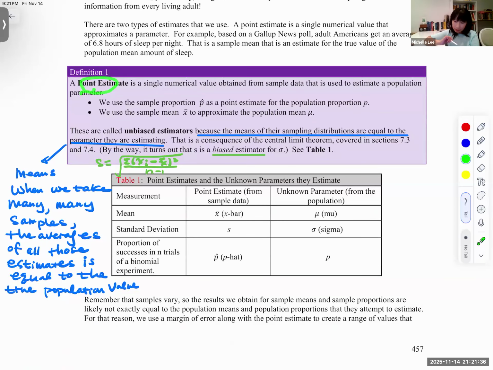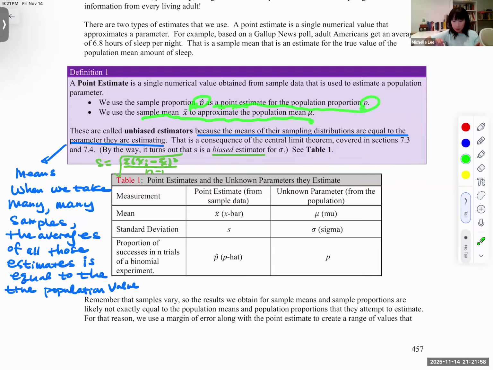Point estimate: p-hat is a sample proportion, a point estimate, and we use it to estimate the population proportion p. We have a sample mean, x bar, and we want to approximate the population mean.